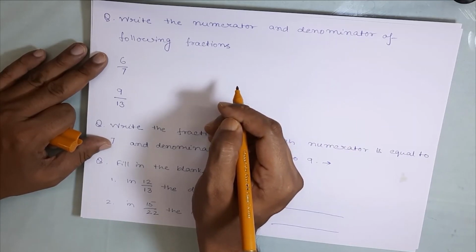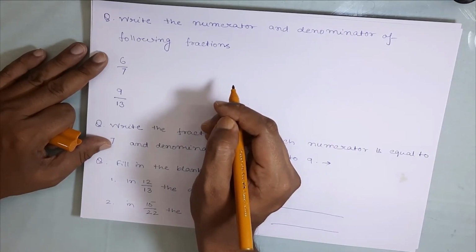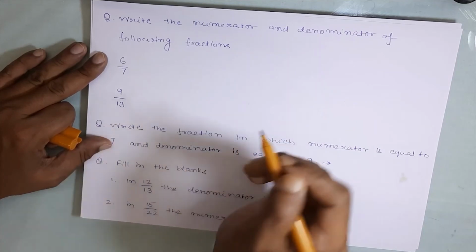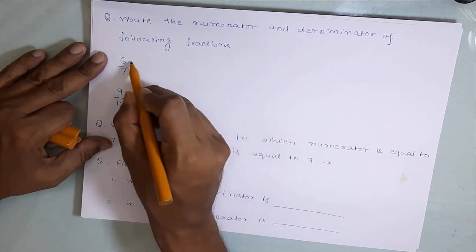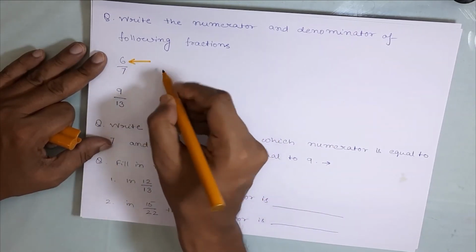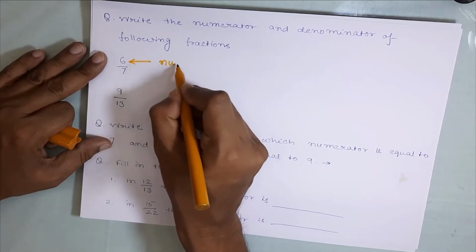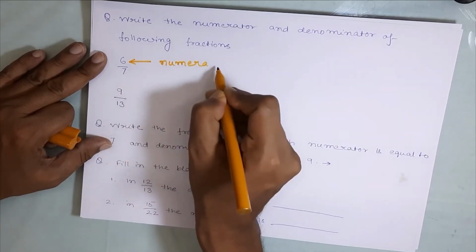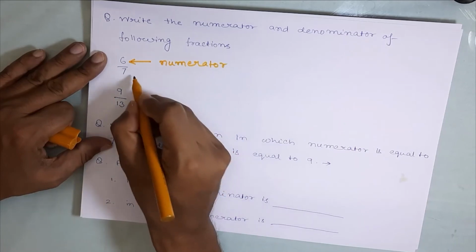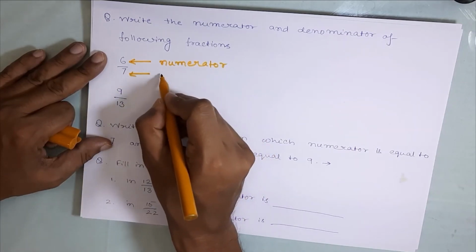One number will be above the line and the second number will be below the line. The number above the line we call the numerator. So in 6/7, 6 is above the line, so 6 will be the numerator and 7 will be the denominator.